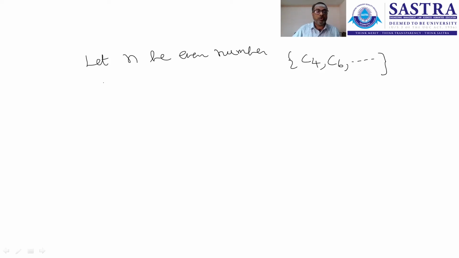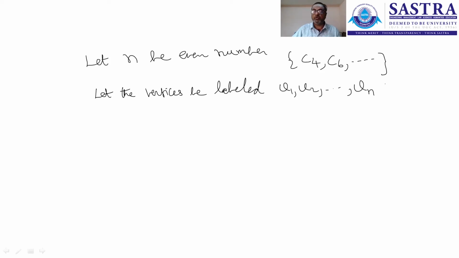Now let me name the vertices. Let the vertices be labeled V1, V2, and so on, Vn. And of course here n is even.